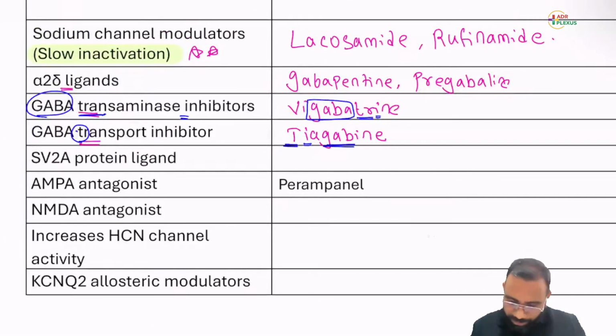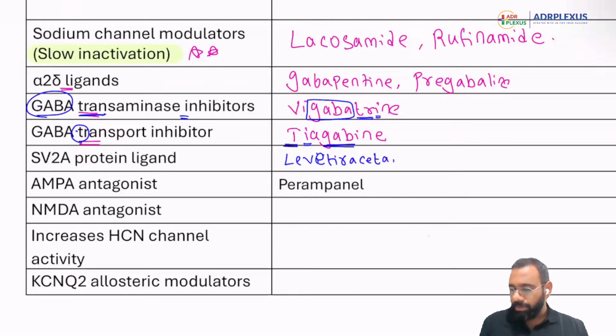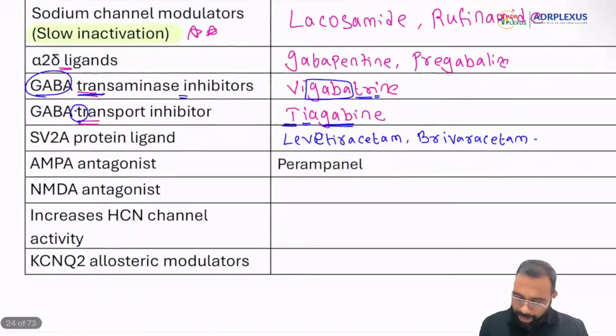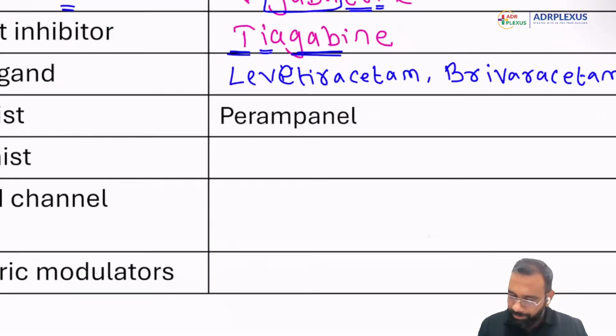Next, SV2A protein ligand, that is levetiracetam and brivaracetam. And AMPA: here you see perampanel, the name itself has AMPA.